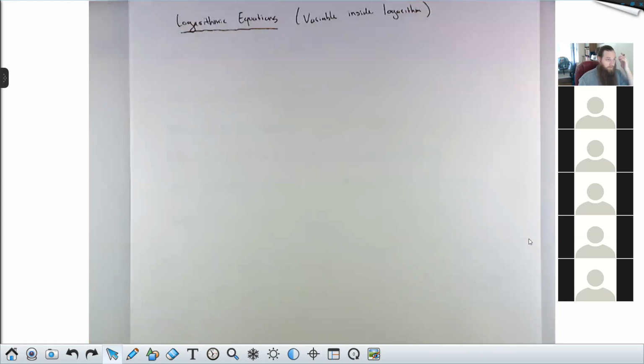And the way you solve these is like the backwards version of the way we solve exponential equations. Instead of taking logs to get variables out of exponents, we're going to exponentiate to get variables out of logs.